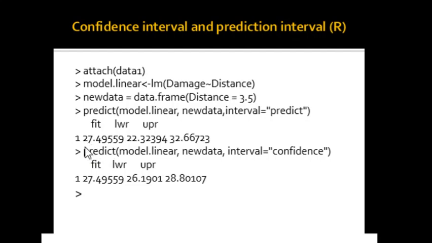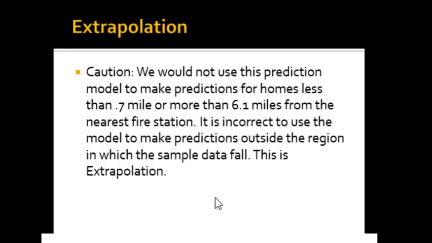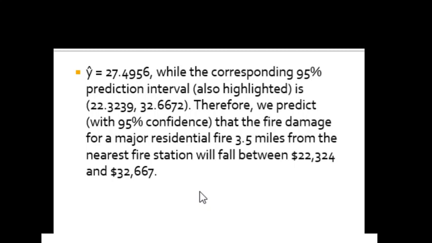Okay, so 2,749 versus, this is our prediction interval, and this is the confidence interval for the damage. Here is the summary. Y hat, the point estimate, is 27.49. The prediction interval is from 22.3239 to 32.6672.